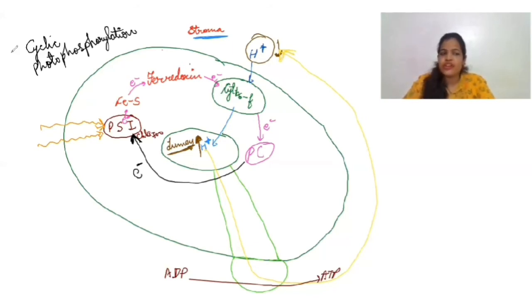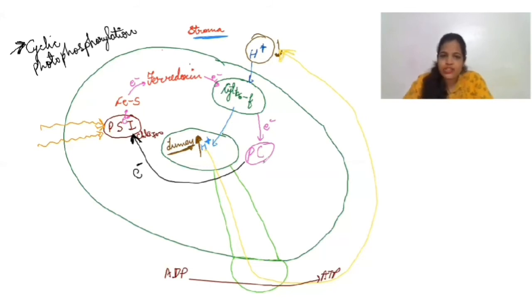Hence we give the word cyclic photophosphorylation, because ATP is formed in presence of light, where the electron has a complete cycle. Various electron and proton acceptors are there, and the lumen collects protons and sends them back to produce ATP. This is all about cyclic photophosphorylation. Very easy, very simple.